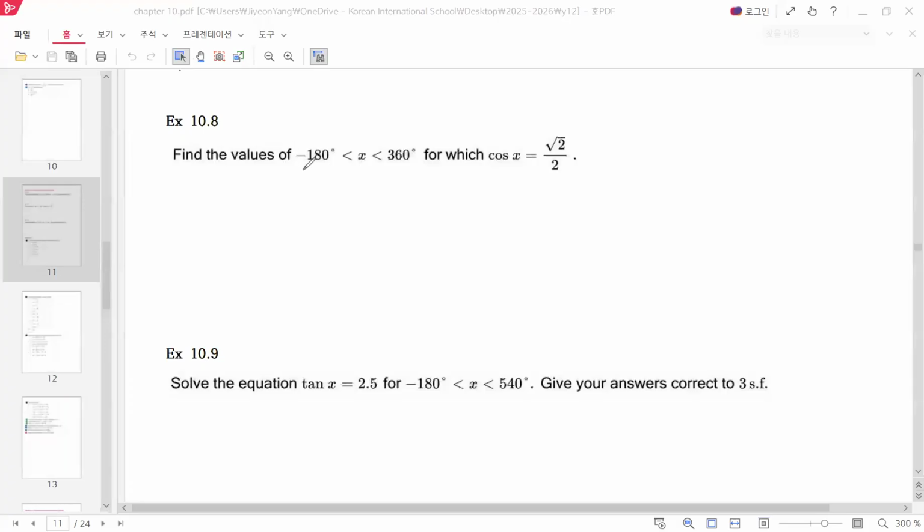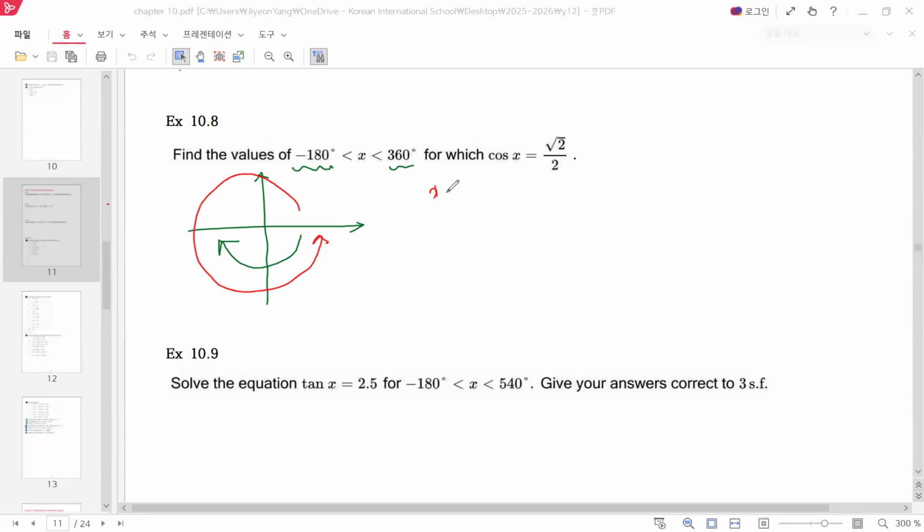Okay, now from negative 180 to 360 degrees. So a half turn in the negative direction, and then one full turn in the positive direction. Do you understand? Which cosine x equals square root 2 over 2.